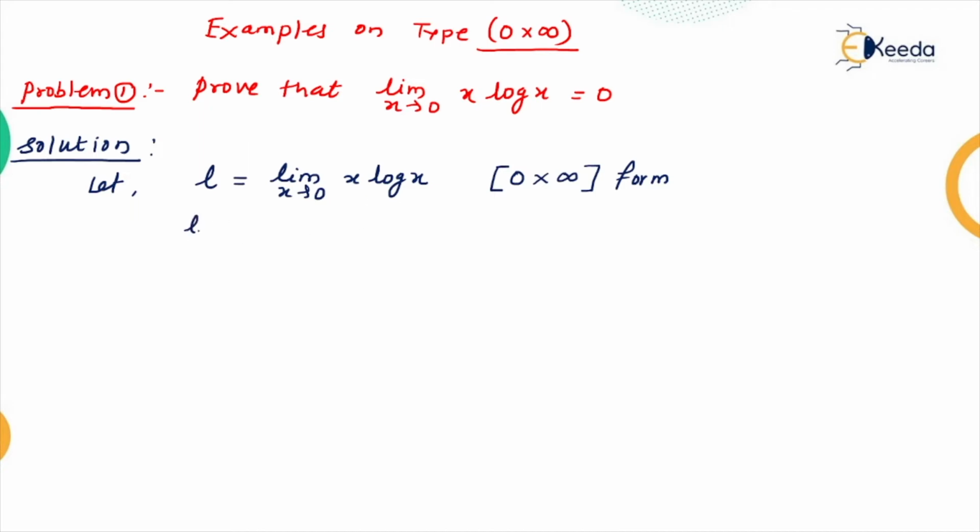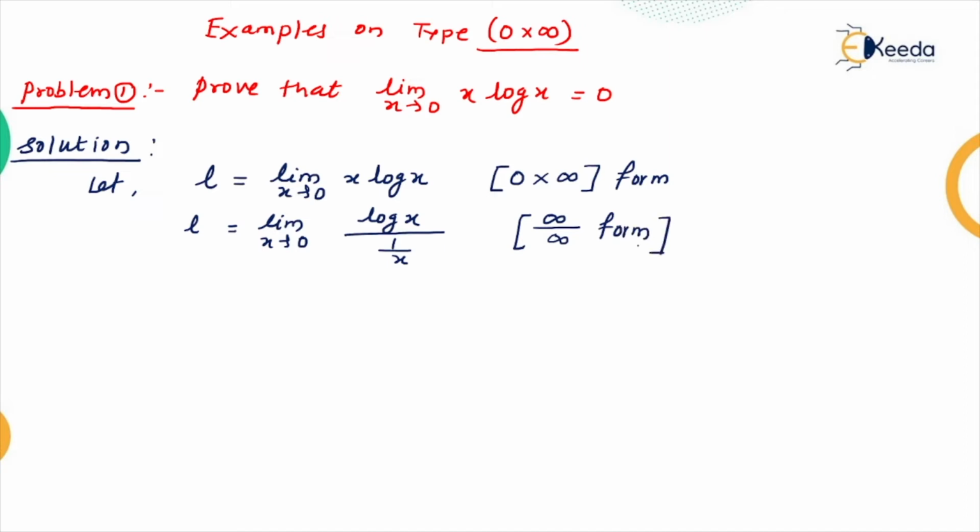Now L is equal to limit as x tends to 0 of log x, as it is, divided by 1 upon x. Now we have to apply the limit on this. The numerator becomes log 0, which is infinity, divided by 1 upon 0, which is also infinity. So we get the infinity by infinity form.